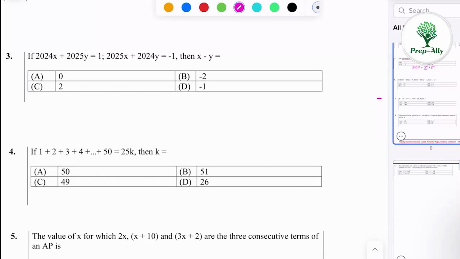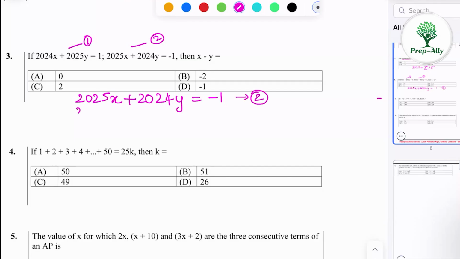So let's look at question number 3. We have two equations. Let's call this equation 1 and this equation 2. Equation 2 is 2025x plus 2024y equal to -1, and equation 1 is 2024x plus 2025y equals 1.